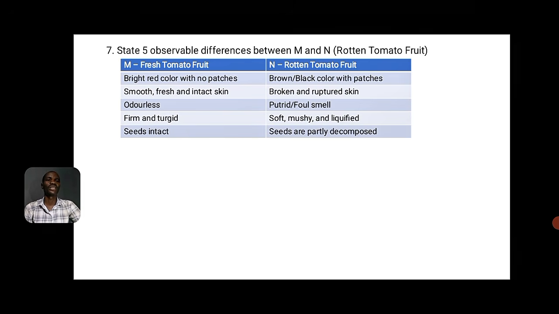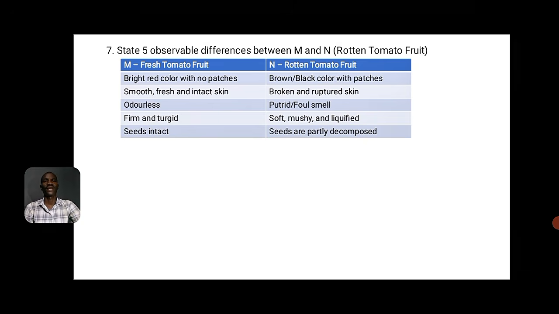The other one is brown or black color with patches. Then the second one is the fresh tomato is smooth and the skin is intact, while the second one has broken or ruptured skin. Then the first one is odorless, while the second one has a foul or putrid smell.